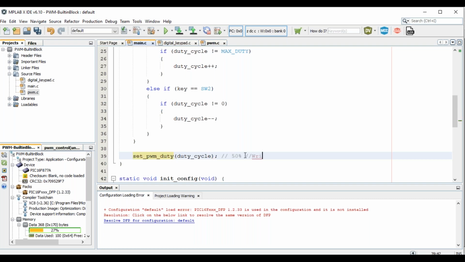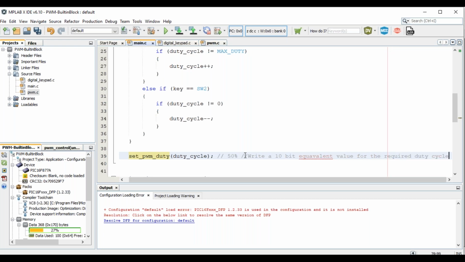This function is going to write a 10-bit equivalent value for the required duty cycle into the two registers, CCPR1L register and CCP1CON register.